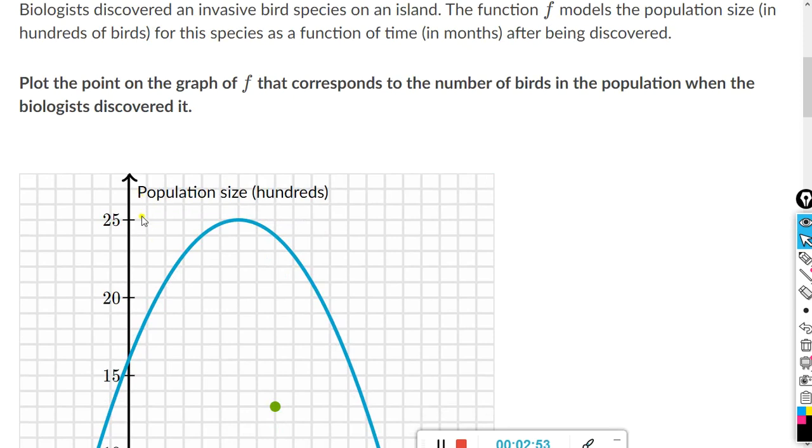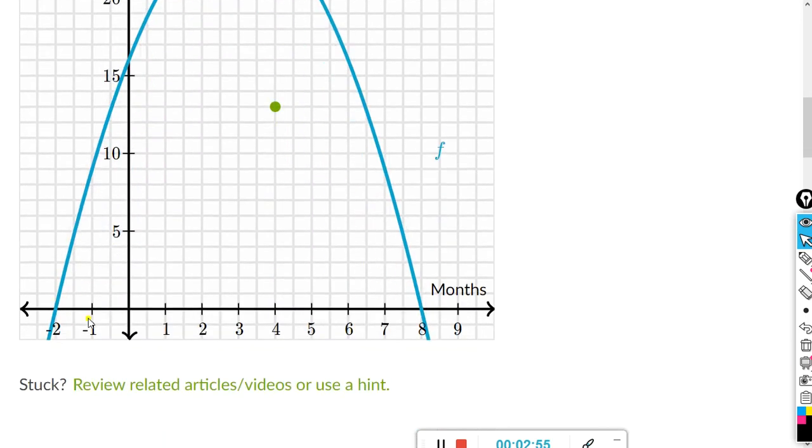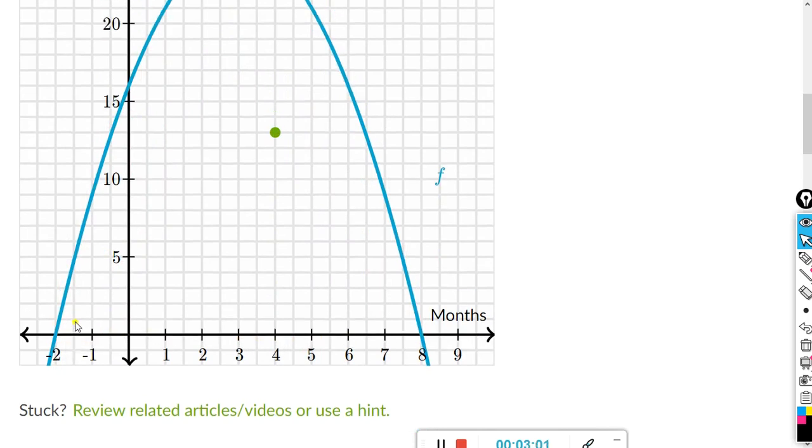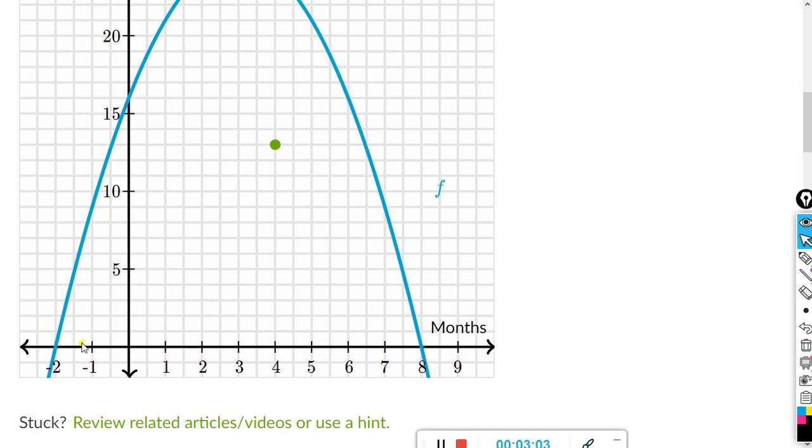Okay, so this is population, the y-axis. This is the number of months, the x-axis. And this right here in the negative months is before they even discovered it. Okay, so if this is number of months after they discovered it, they must have discovered it at 0 months right here.